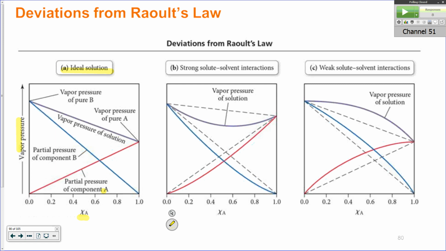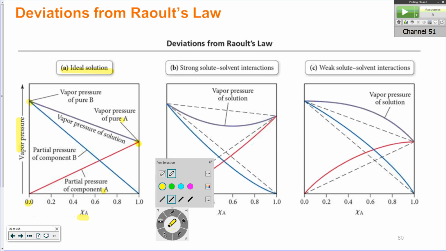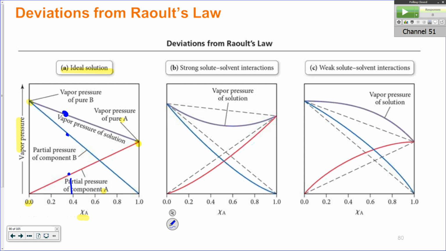So when its mole fraction is 1, it's pure solvent A, and the total vapor pressure equals its vapor pressure. Whenever the mole fraction for A goes to 0, that means we're pure component B and the vapor pressure is this pressure. For any point for an ideal system, if we went to, let's say, 0.4, the vapor pressure would be additive of what it is from component A plus what it is from component B, and those two things added together would give you the vapor pressure of the system.